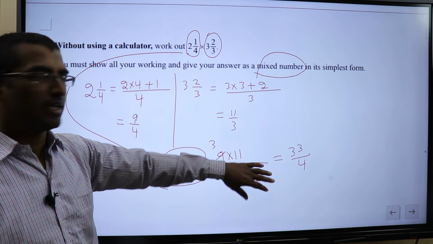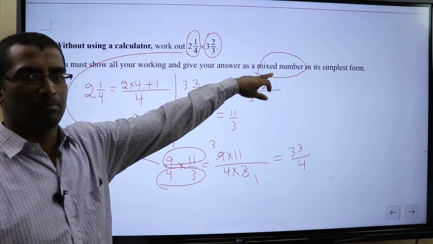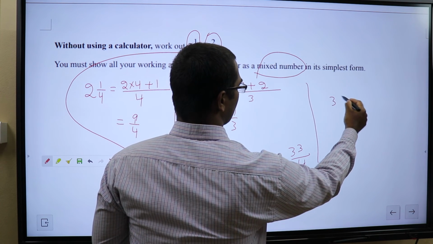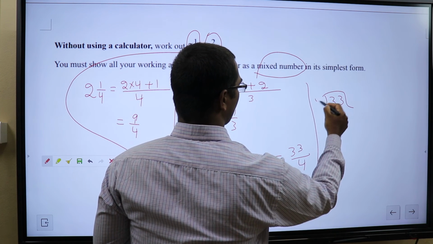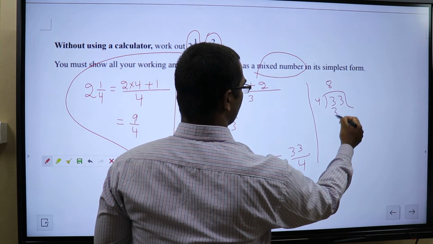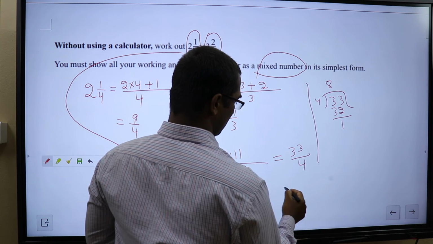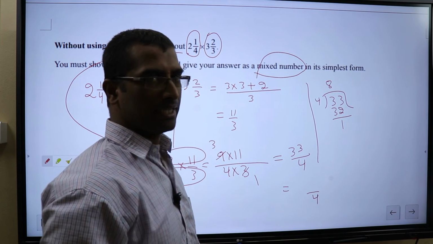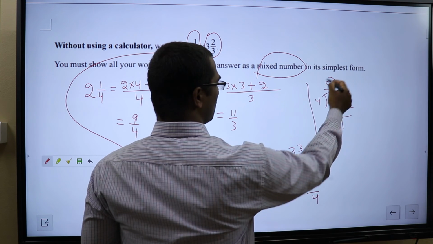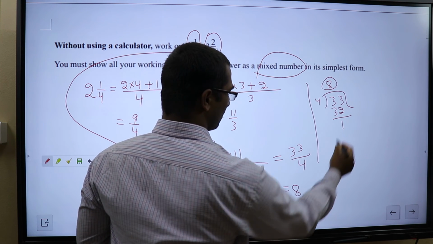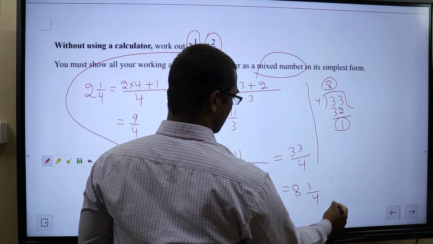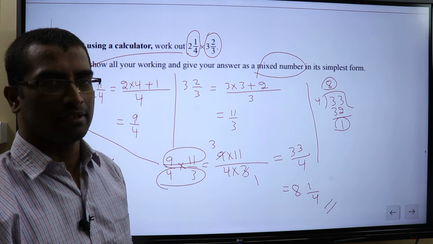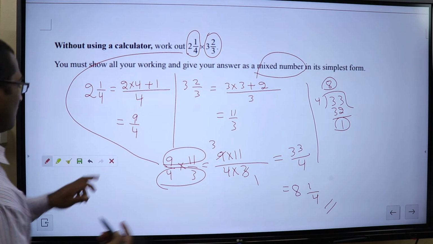The sum is not yet over. We should convert this into a mixed number. To do that, I divide now. 33 by 4. 4 eights are 32 and the remainder is 1. The denominator will stay in the denominator. The quotient will come here. The remainder will come over here. So the answer is 8 1/4. Okay. Next one.